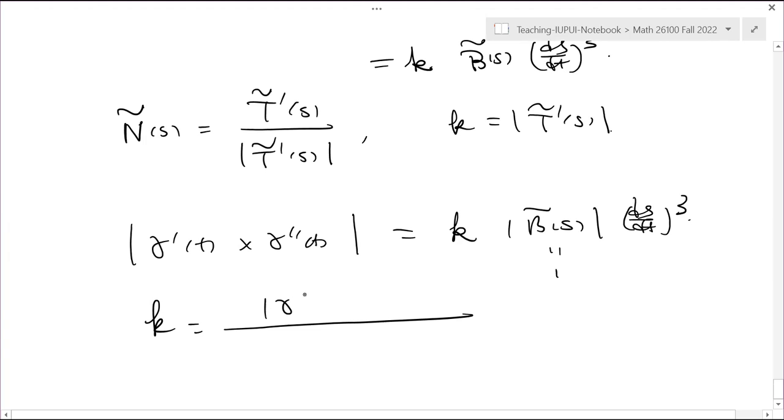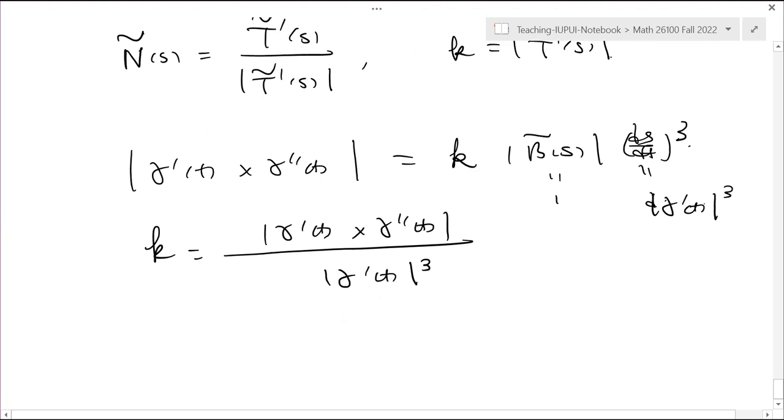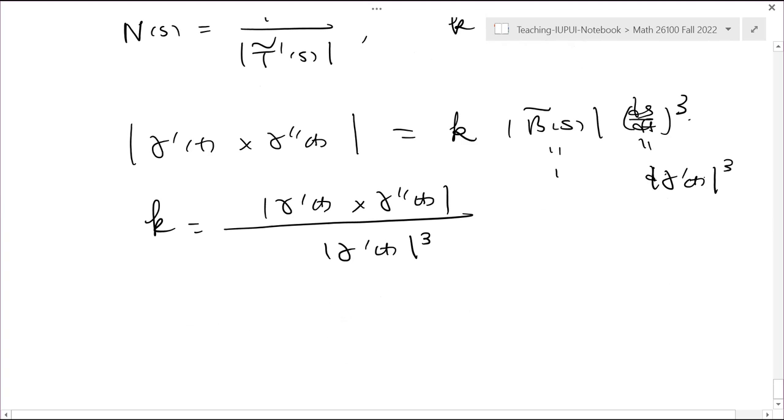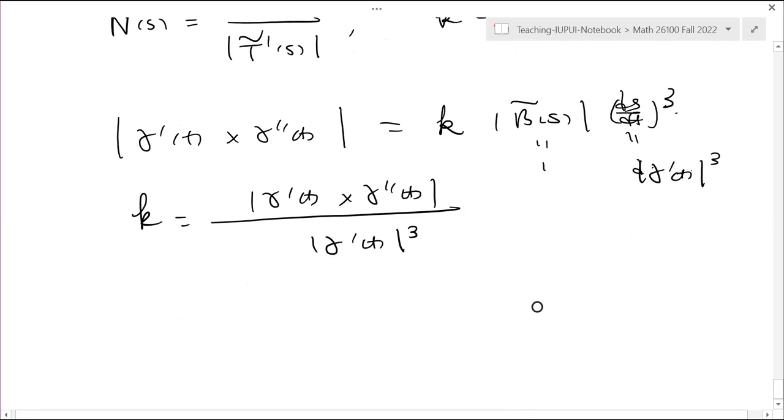So I get this, with the norm of gamma prime t cubed in the denominator. So this is the curvature formula. And since you already get k, you can also use that to find the B.